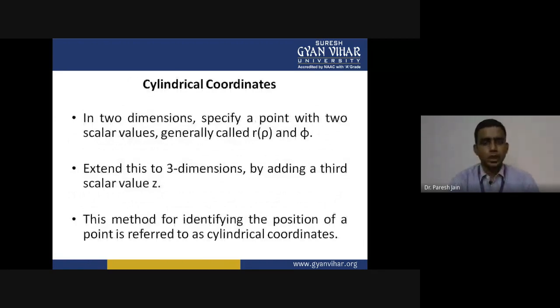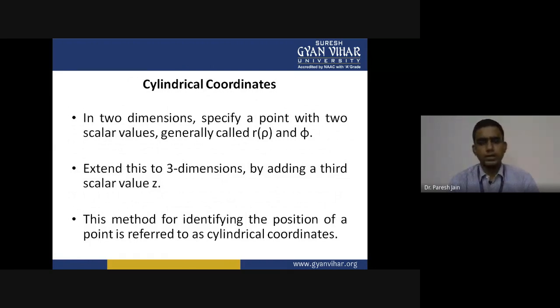Now, the cylindrical coordinate system. In this lecture, the student will understand the cylindrical coordinate system very easily. They will learn the scalar quantities used in it. In two dimensions, we specify a point with two scalar values, generally called r, sometimes referred to as rho in some books, and phi.